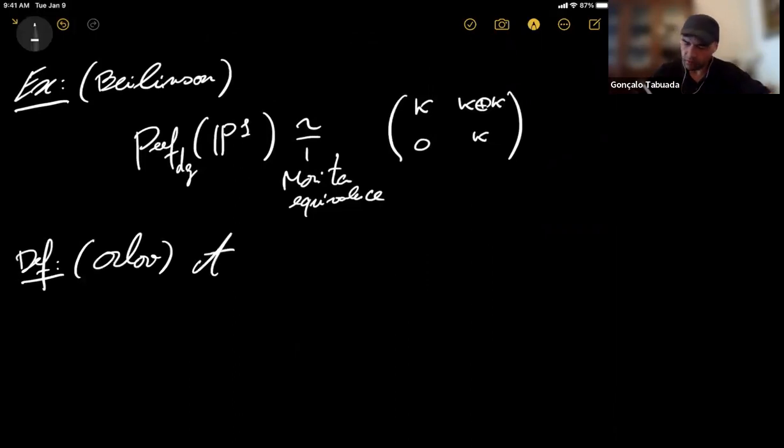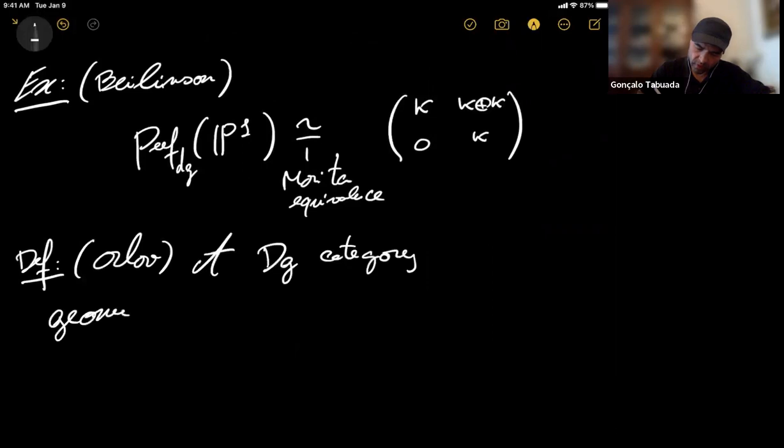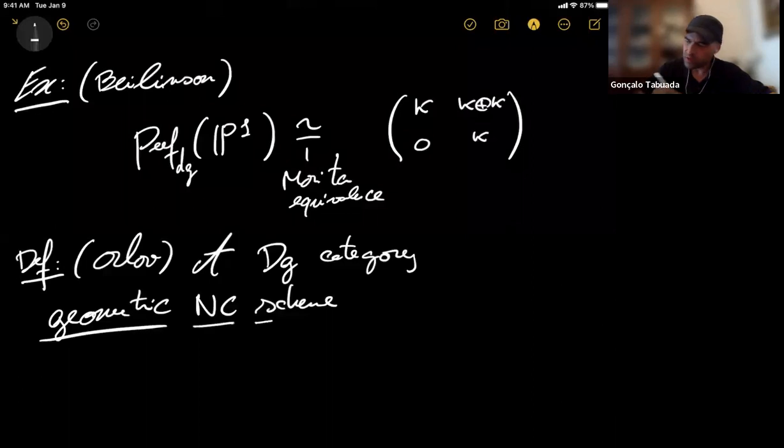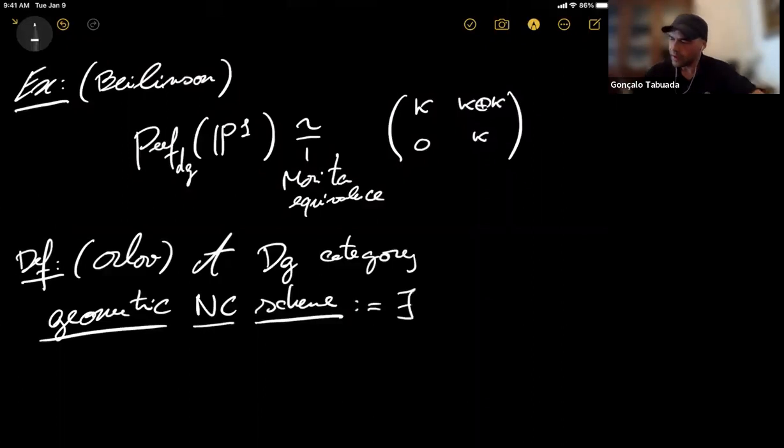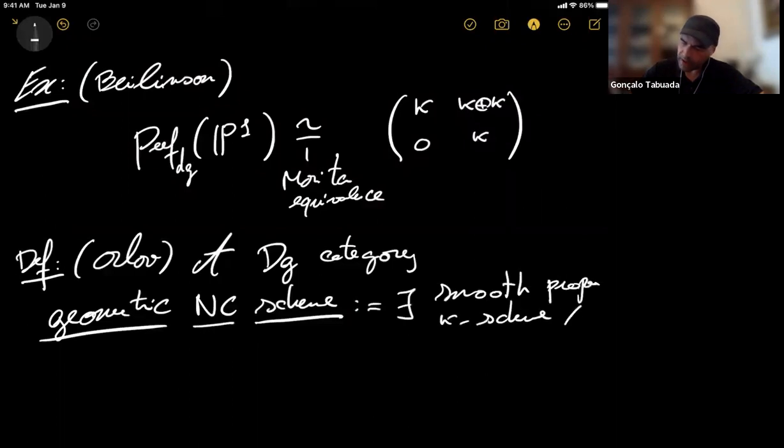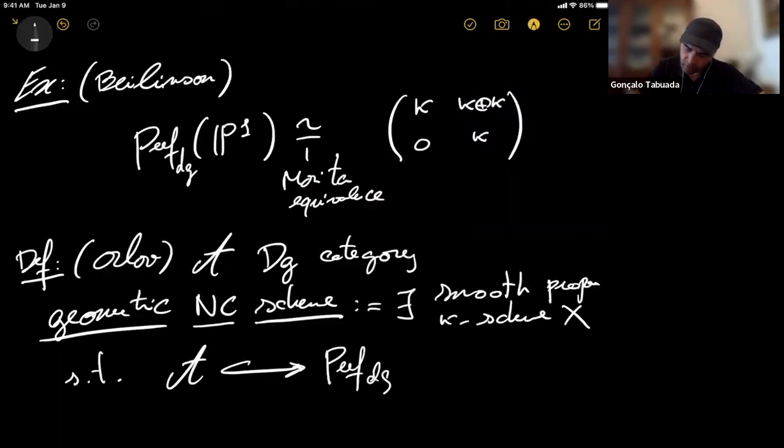Suppose that you have a DG category. You say that it is a geometric non-commutative scheme if, by definition, there exists a smooth proper k-scheme X, and moreover, our DG category A can be embedded in the perfect complexes of our scheme.